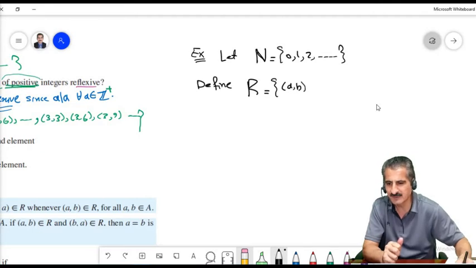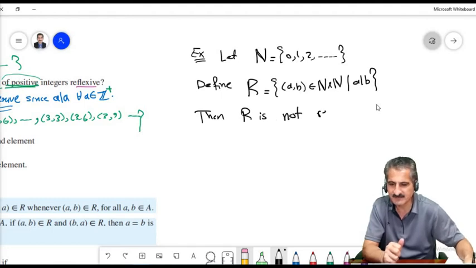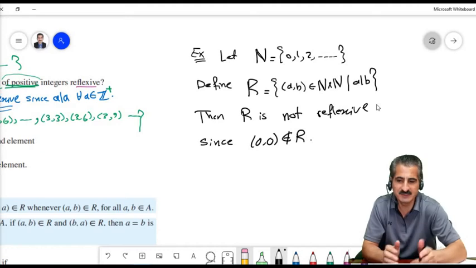So define R on the natural numbers such that A divides B. Then R is not reflexive, and you already said the reason, since (0, 0) does not belong to R. Now it is not reflexive.